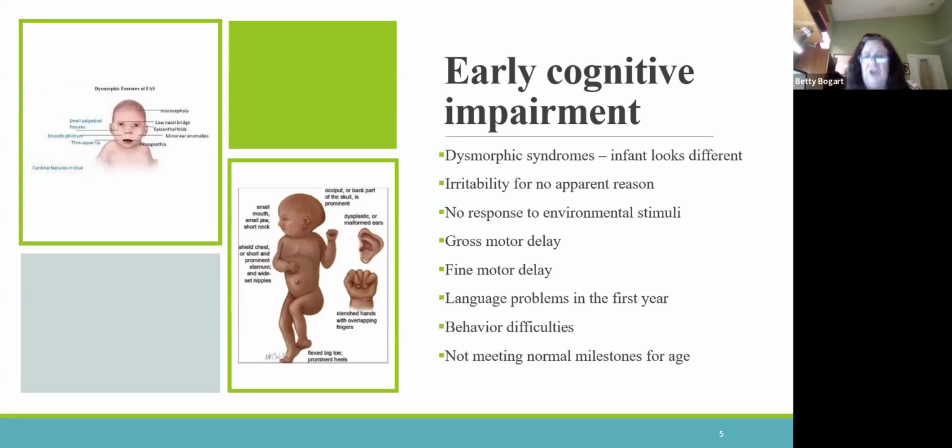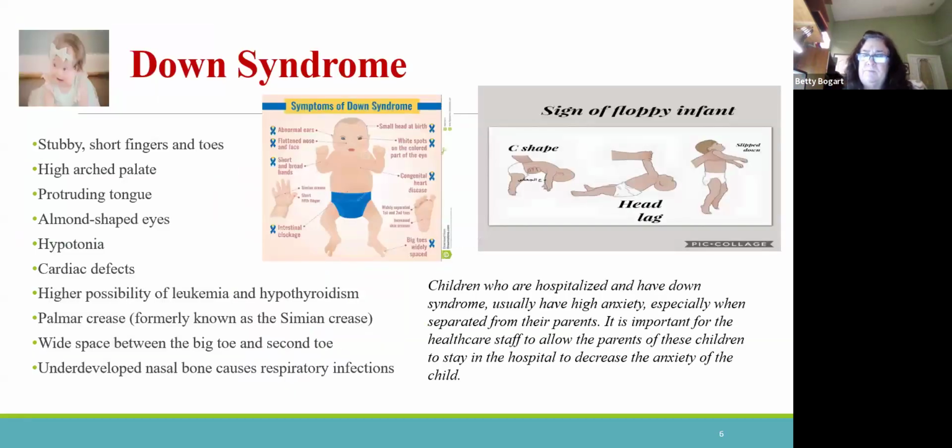And with that frustration, you're going to see behavior difficulties. And it's not because they're screaming and yelling and whatnot. It's they're frustrated. I can't express myself. So again, all the milestones will be delayed. And if you call them, they're not going to be looking at you. It's like they're in their own little worlds as they get older.